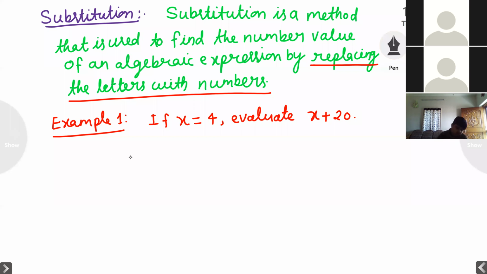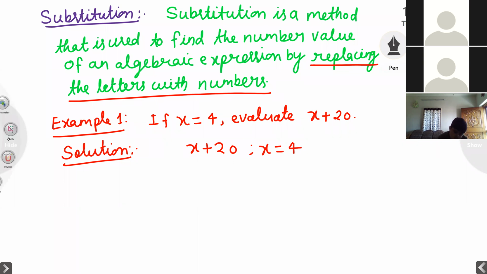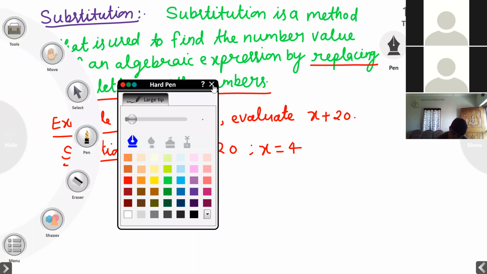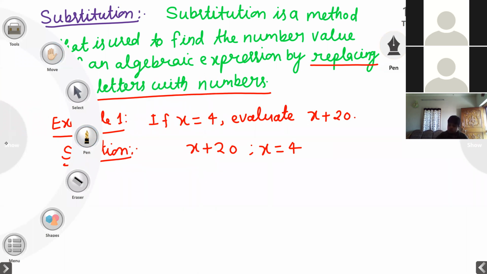The expression is a binomial, two unlike terms, x plus 20. The value of x he has given is 4. What is the meaning of substitution? By replacing letters with numbers. Here the letter x is the variable, and I want to replace it with the number 4.